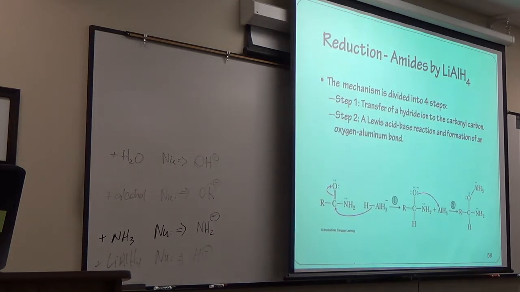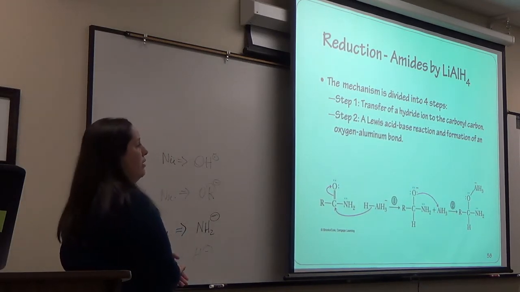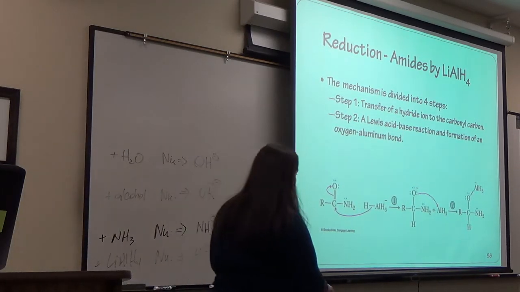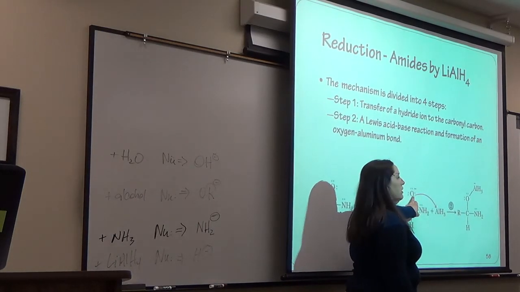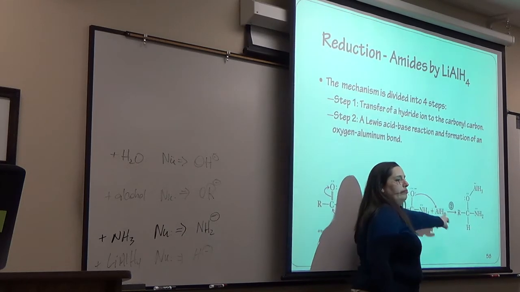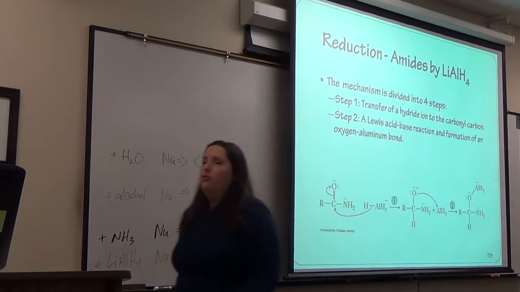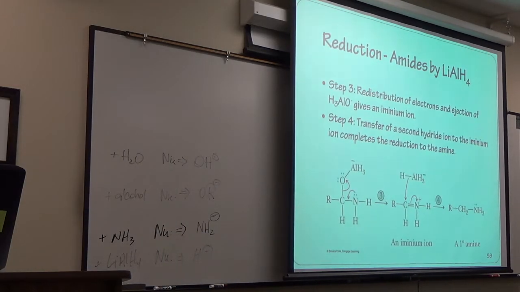Again, the hydride is the nucleophile, so it attacks the carbonyl. But notice that then something different happens. The O interacts with the aluminum, and it forms that bond there, which we didn't see with the other groups.